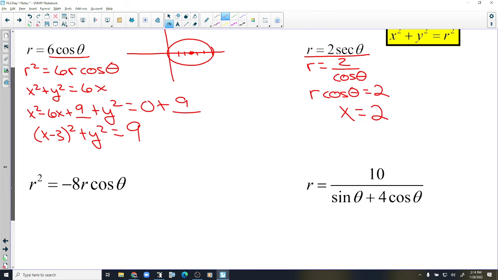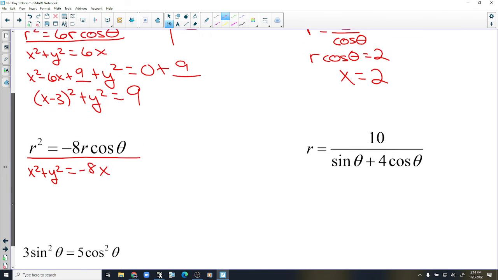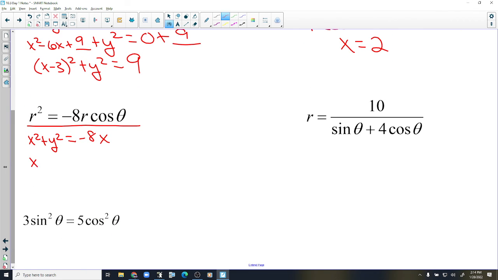This one and this one are almost exactly the same. We did one step for you. x squared plus y squared is negative 8x. x squared plus 8x plus something plus y squared is equal to 0 plus something.